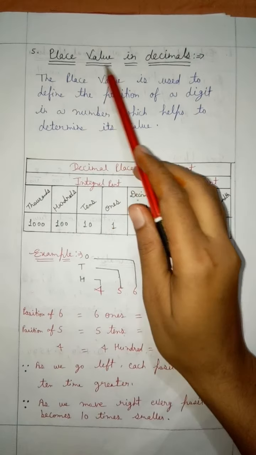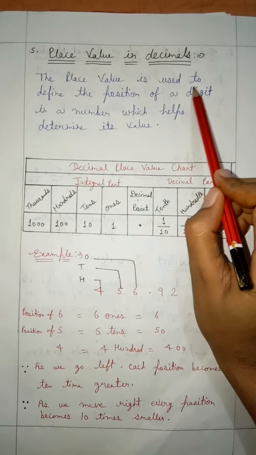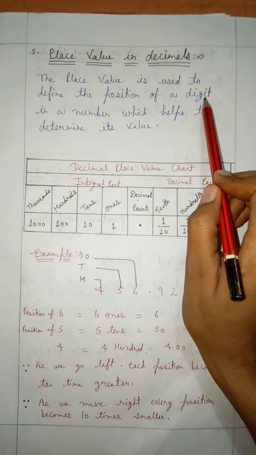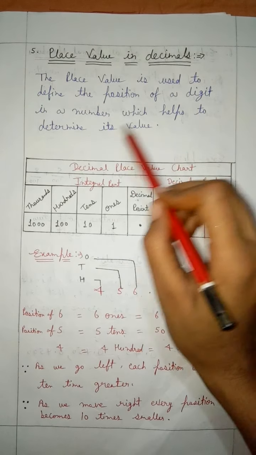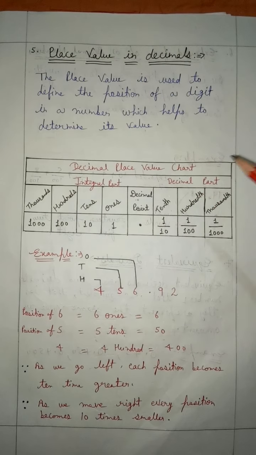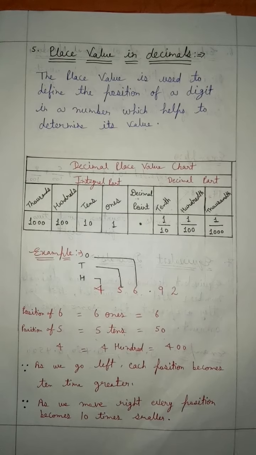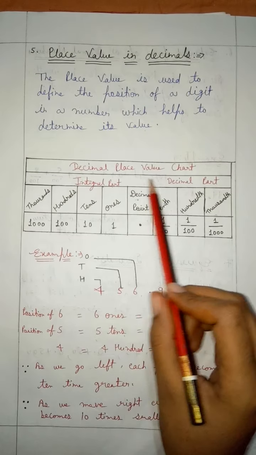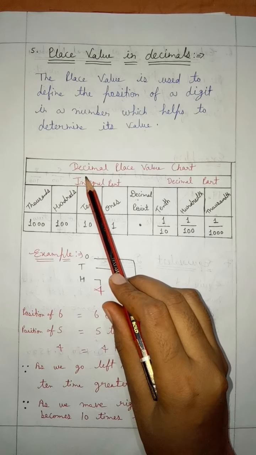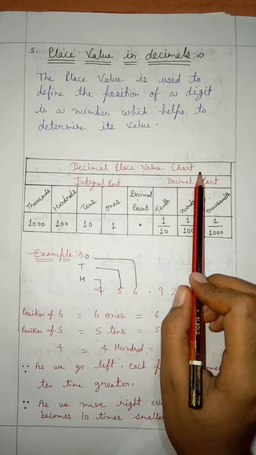Now place value in decimals. The place value is used to define the position of a digit in a number, which helps to determine its value. So the place value in decimals helps to find out the place of the digit. To find out the place value of a decimal number, you have to learn the decimal place value chart.